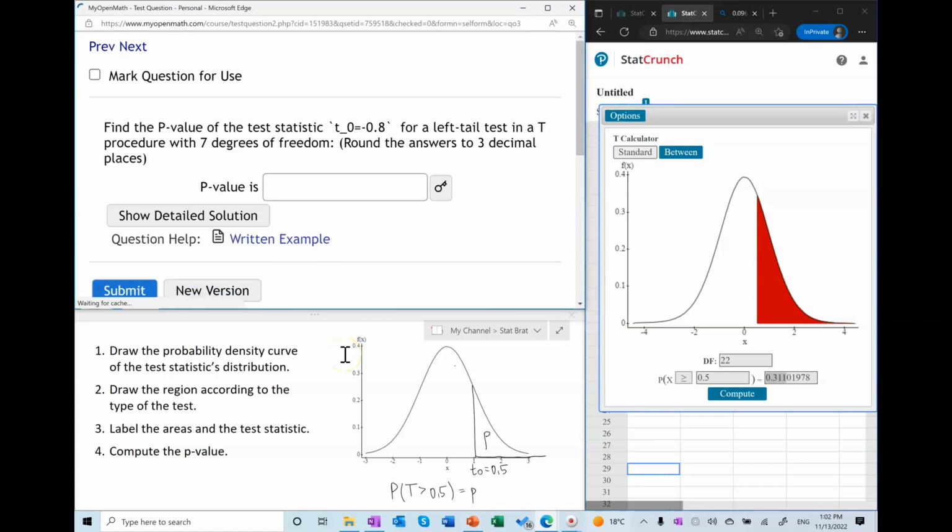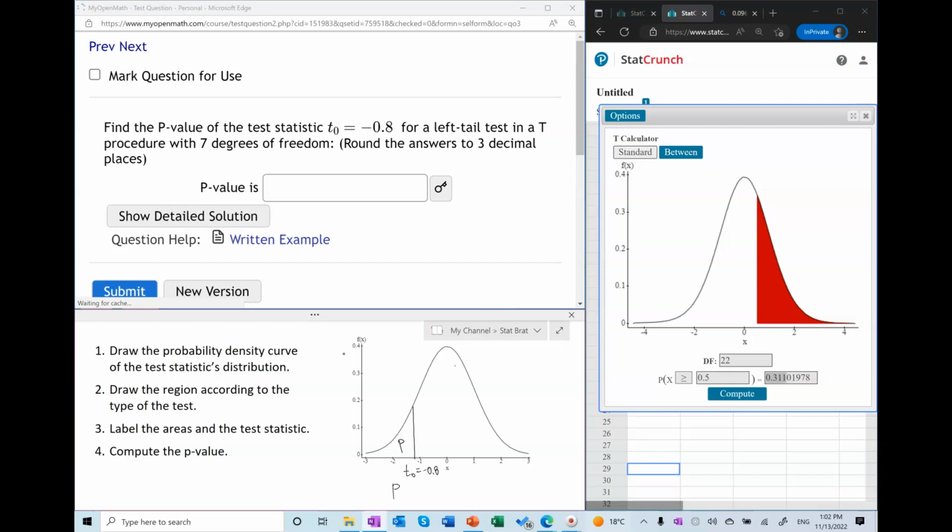And there you go. So now we have a left tail test, and to follow the steps, we're going to continue using the same sketch of the t-curve, and we're going to draw the region to the left side. We're going to label that boundary as our test statistic negative 0.8, and the area to the left is what the p-value is by definition.